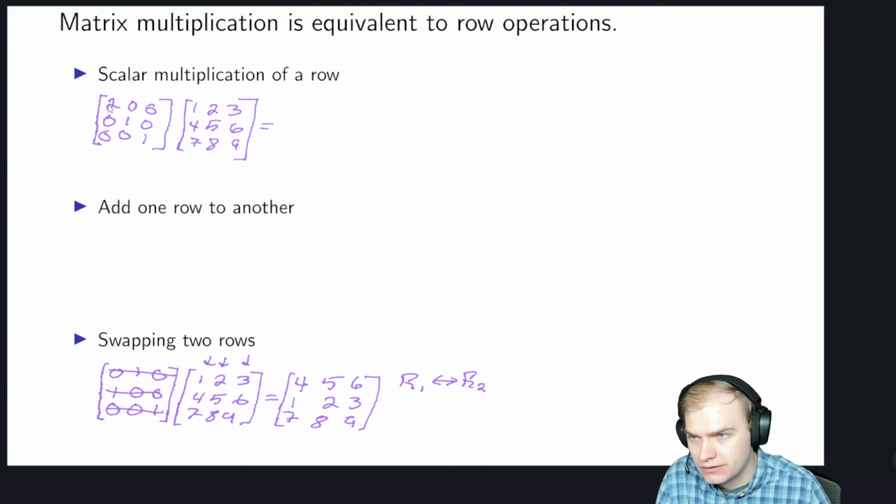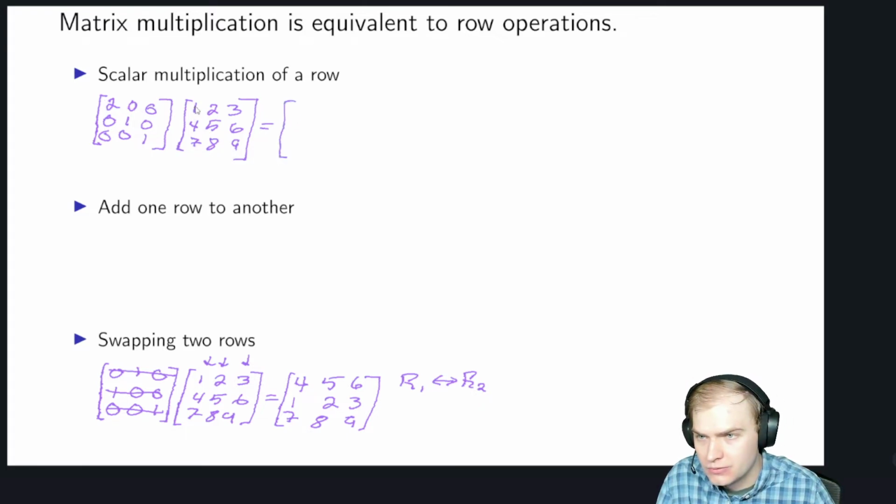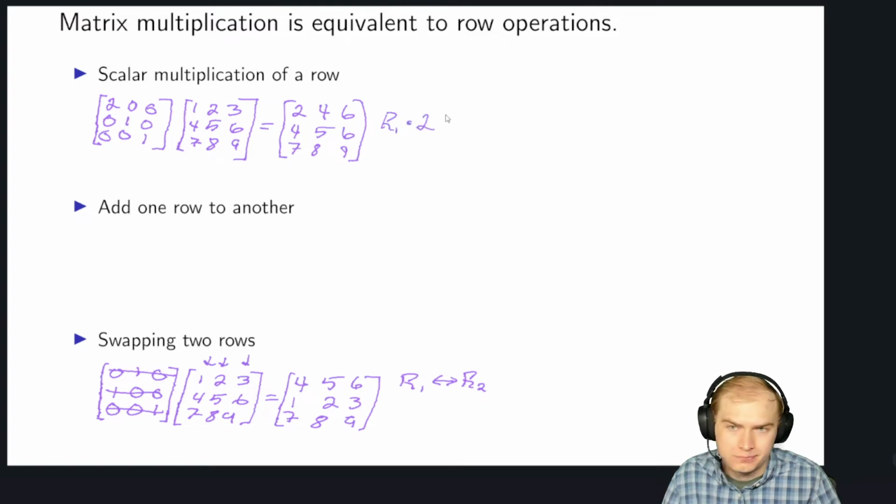And we see that we get 2 times 1 is 2, 2 times 2 is 4, and 6. Then the rest of the rows remain the same throughout, which is the same as row 1 times 2.